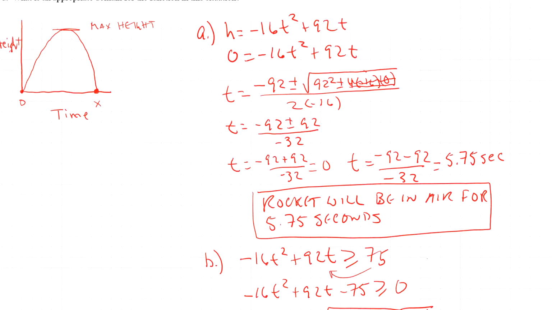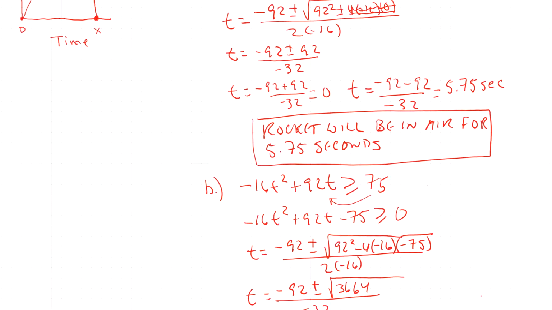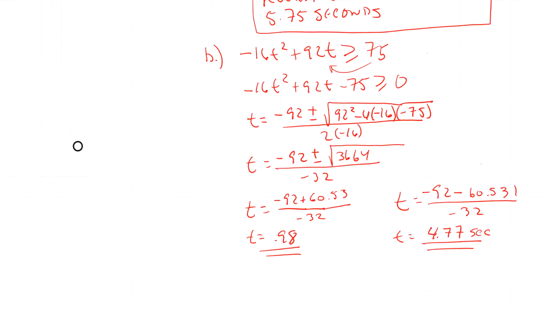So then what we look at is what this is telling us. When we look at the graph, we're coming up and down, and this is 4.77 and this is 0.98. So the time that it's in the air is going to be 4.77 minus 0.98.